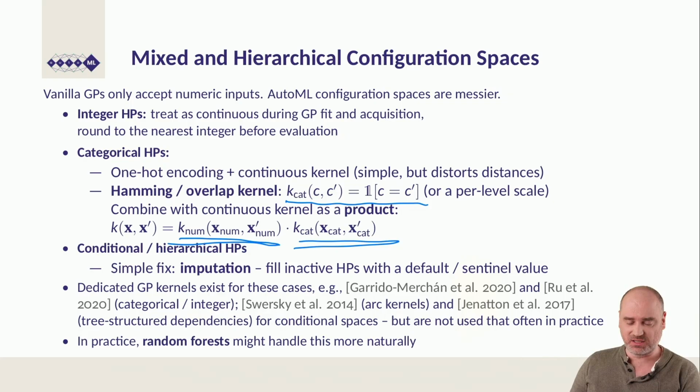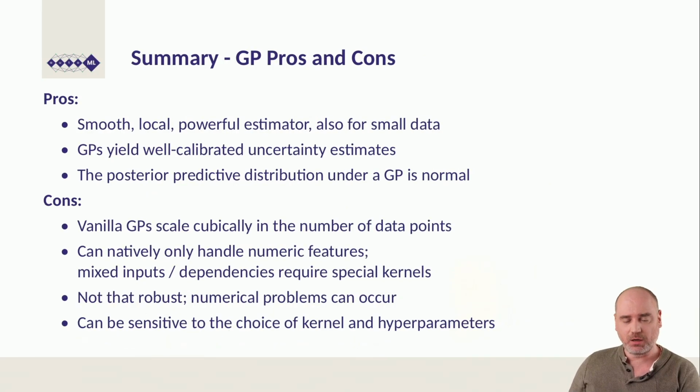In practice, this is used, let's see, at least a little bit less. And yeah, we might come to the conclusion that random forests might handle these complicated structures a bit more naturally, and this is why we will also discuss them in an upcoming session here in this chapter. Okay, so let's do a summary with some GP pros and cons. So GP is a smooth, local, quite powerful estimator.